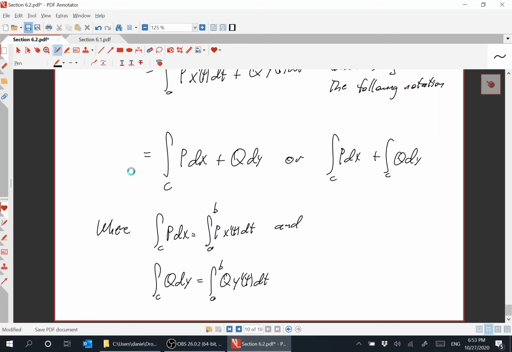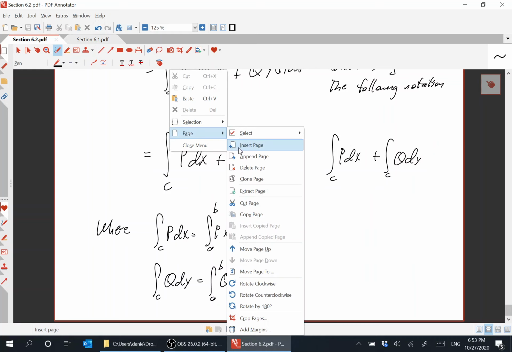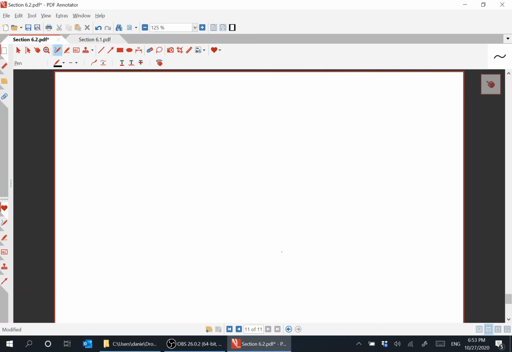For three-dimensional functions, the notation is sort of the same. Vector field f of x y z equal to p of x y z, q of x y z, r of x y z.